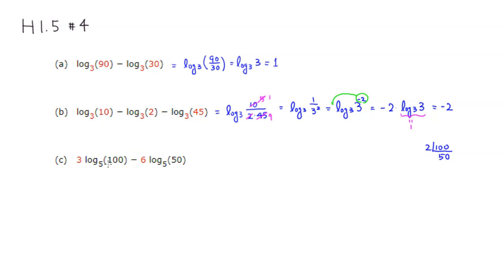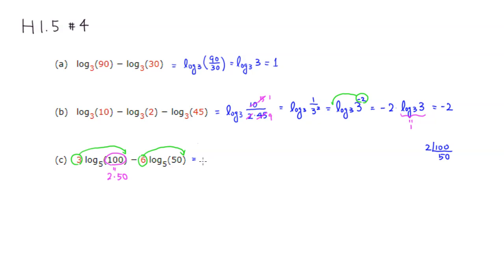So first, I'm going to rewrite this as 2 times 50. Then we're going to get this. So you want to put 3 as a power here and 6 as a power up here.